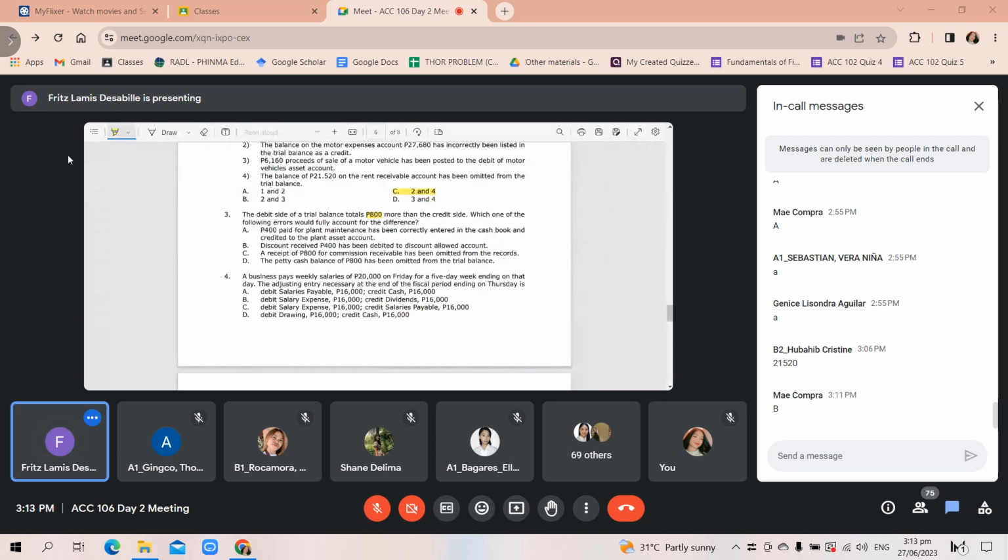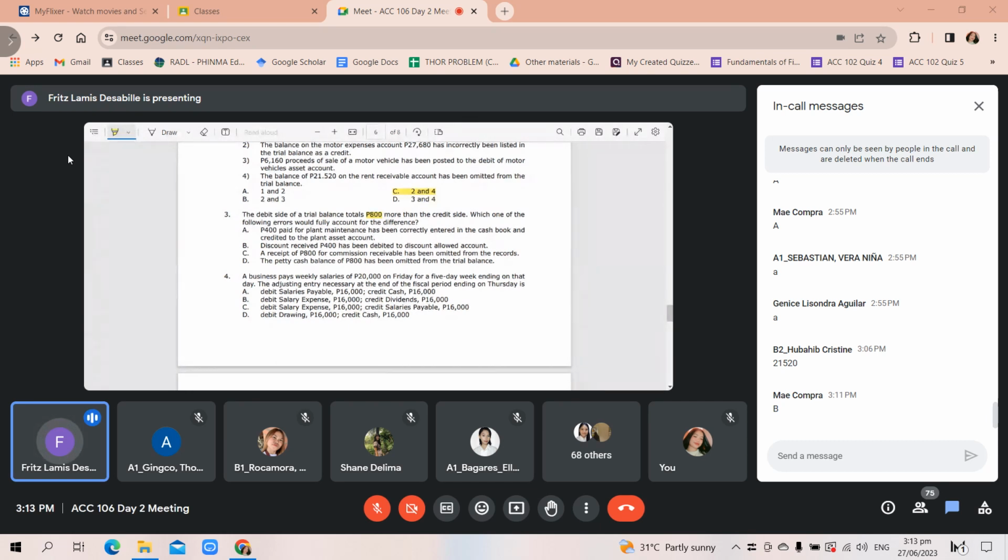Letter B, discount received 400 has been debited to discount allowed account. Okay. So discount received. So unsay entry ani? A debit to discount, no?